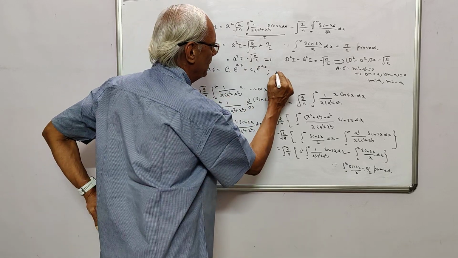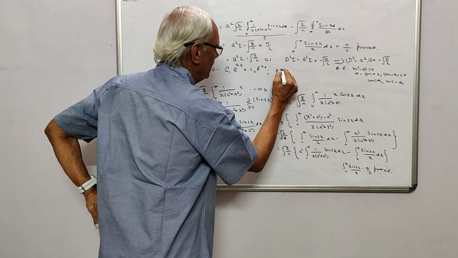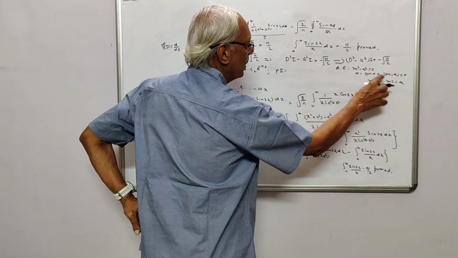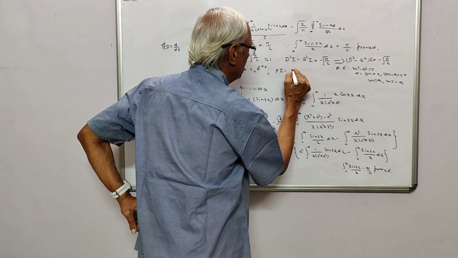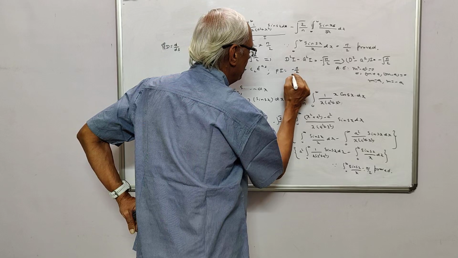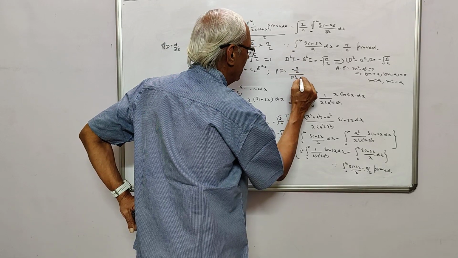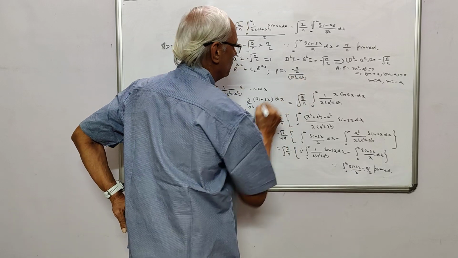And what is your particular integral? The particular integral will be equal to, on the right hand side you have got minus pi by 2, divided by D squared minus a squared.